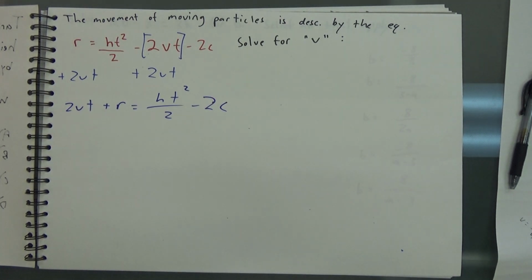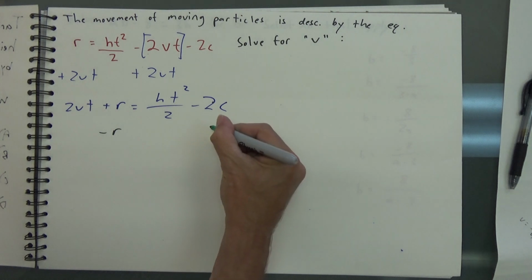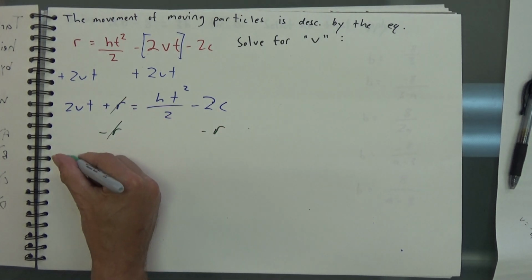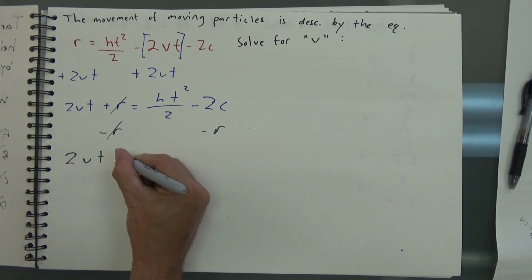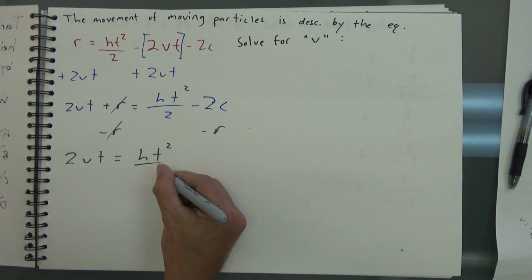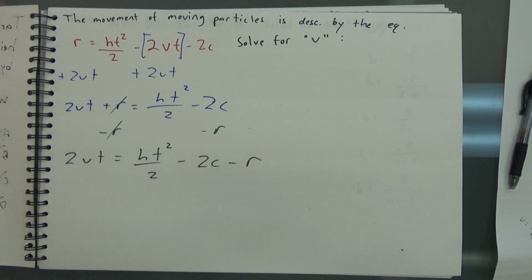Solving for v, I will subtract r from both sides. These will cancel, and I'll get 2vt equals ht squared over 2 minus 2c minus r.